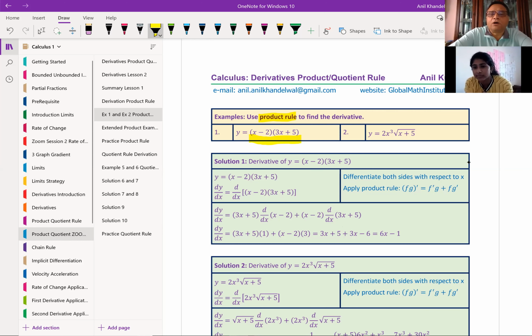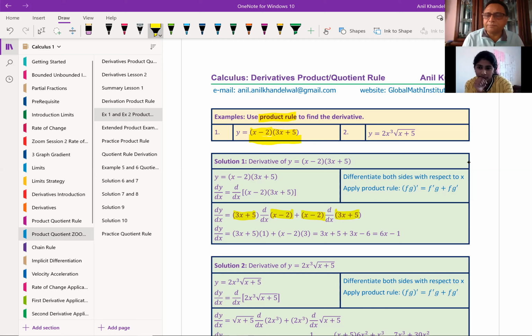An easy way to think about it is to identify the first and the second function. Our first function is x minus 2. So first you have the derivative of x minus 2, multiplied by the other function. Then add to this the derivative of the second function multiplied by the previous function. Is that clear to you? So start with the derivative.